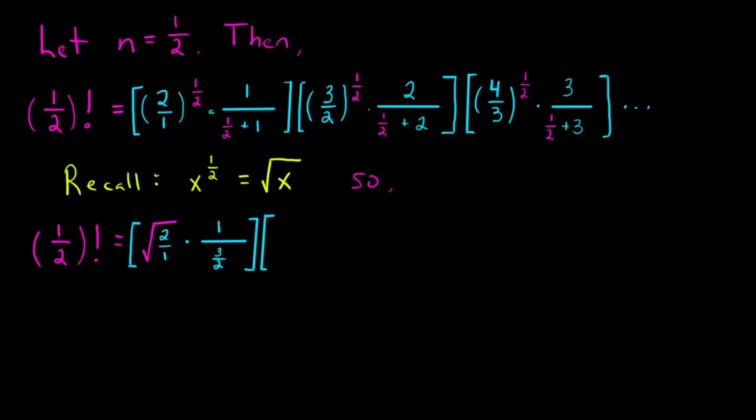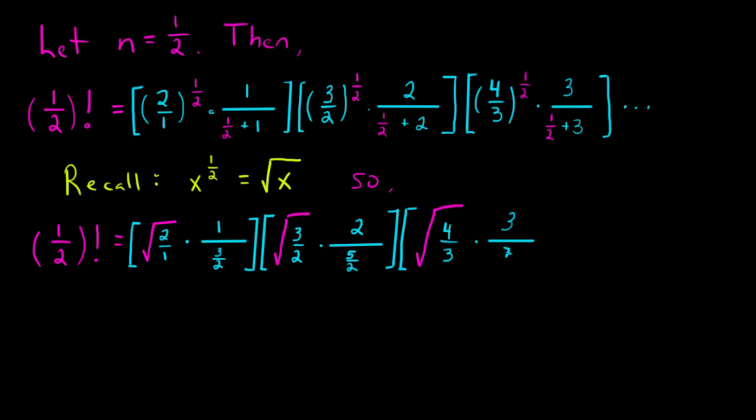Times, open brackets again, the square root of 3 over 2 times 2 over 1/2 plus 2 equals 5/2, times the square root of 4 over 3 times 3 over 1/2 plus 3 equals 7/2, and so on in our infinite product.